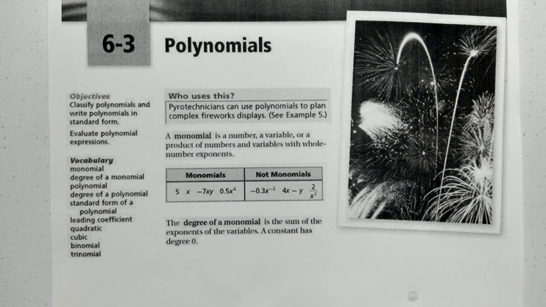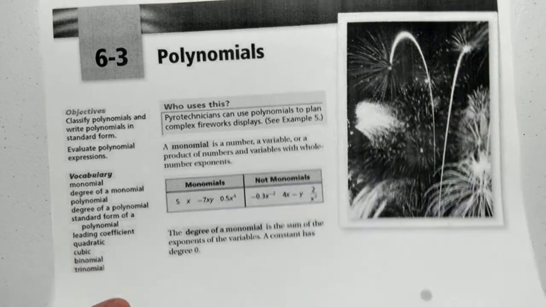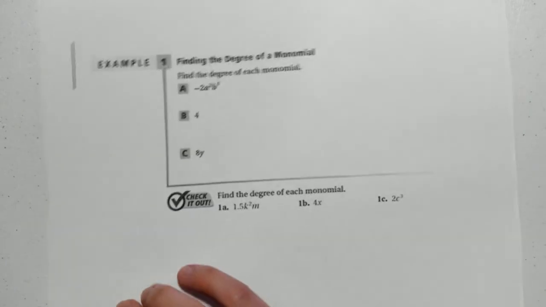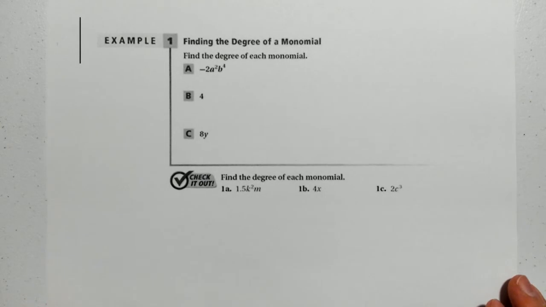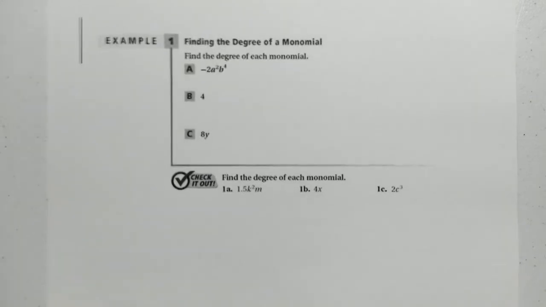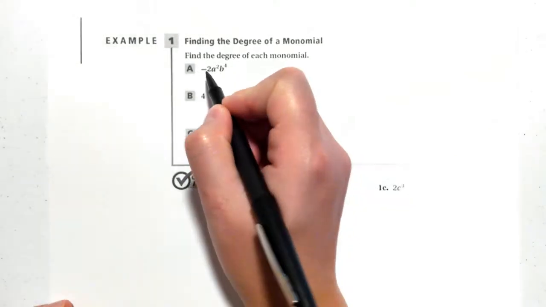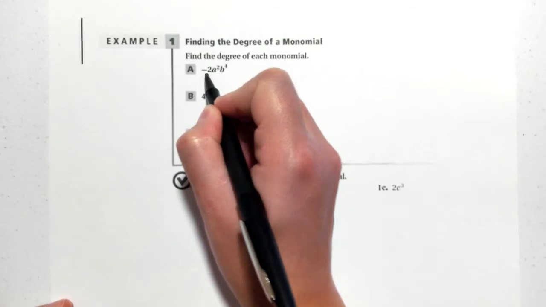So the degree of a monomial is the sum of the exponents of the variables. A constant has a degree of 0. So we're going to go ahead and start with example 1 by finding the degree of a monomial. In A, we have negative 2, a to the second, b to the fourth. Negative 2 is a constant, so it has a degree of 0.